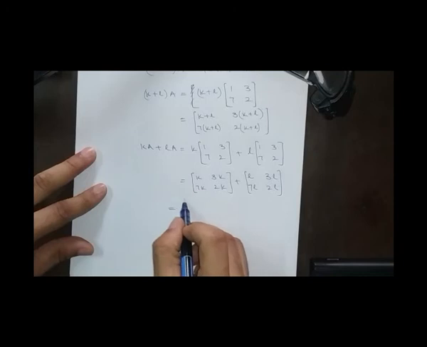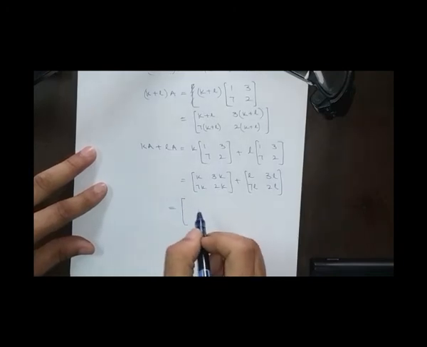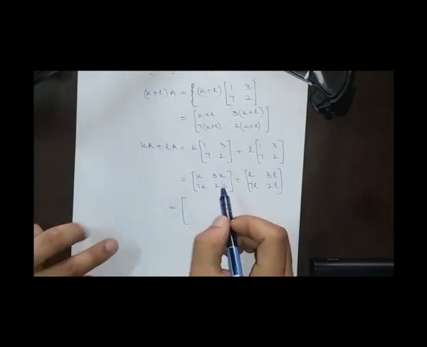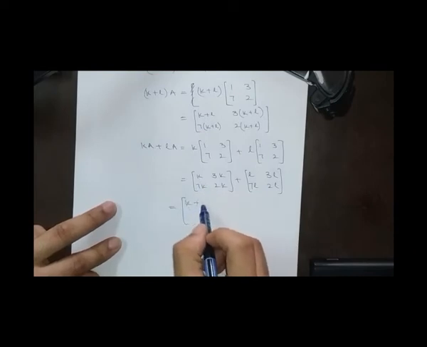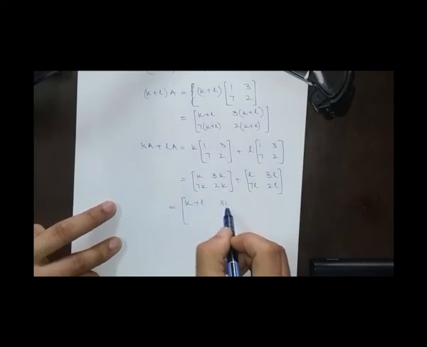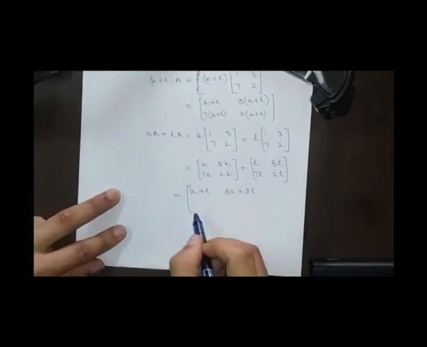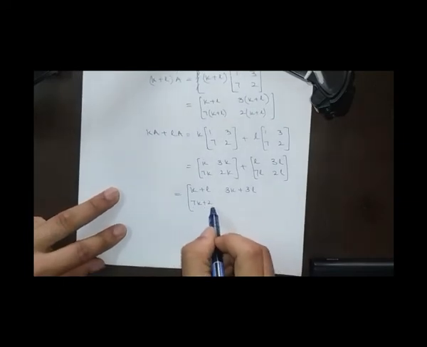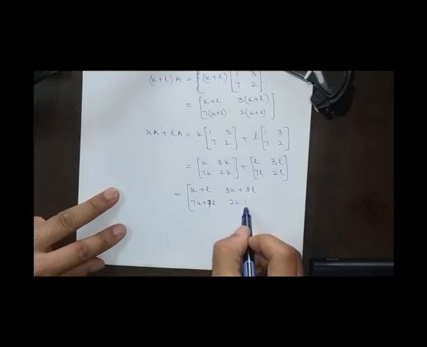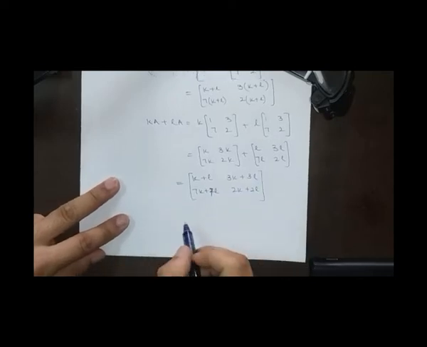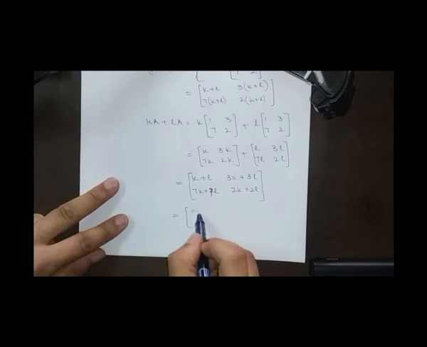We'll sum it up: k plus l, 3k plus 3l, 7k plus 7l, 2k plus 2l, and this becomes k plus l.